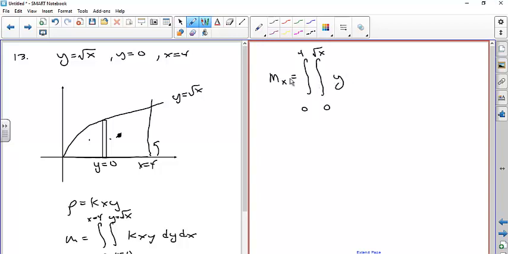If we go back to the equation we just wrote down, you have y times the density, and in our case the density is kxy, and then we multiply times dy dx.